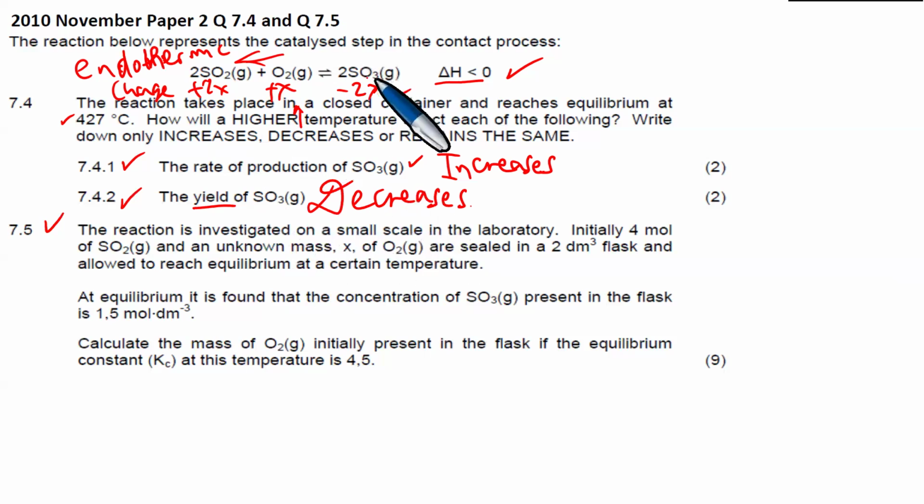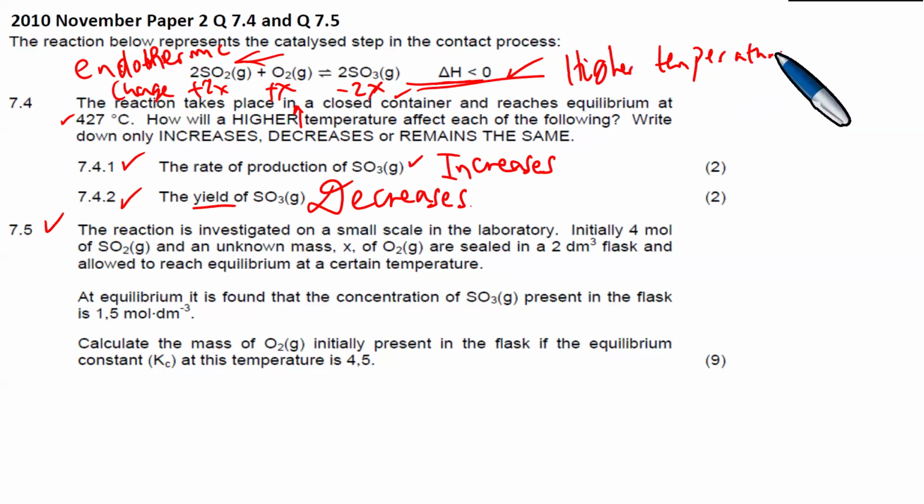If the yield of SO3 decreases because the reverse is favored, it means the other yields will increase. So the oxygen is going to increase, but also the SO2 is going to increase, and this happens at a time when there is a higher temperature.